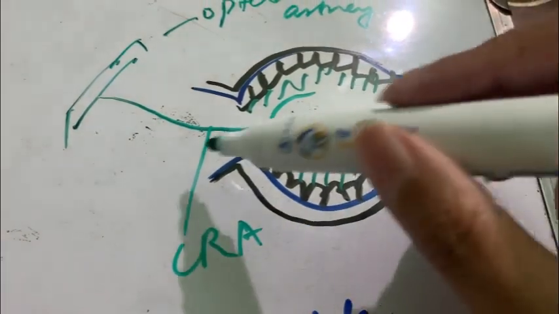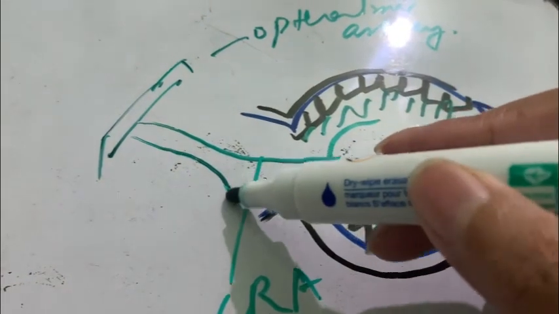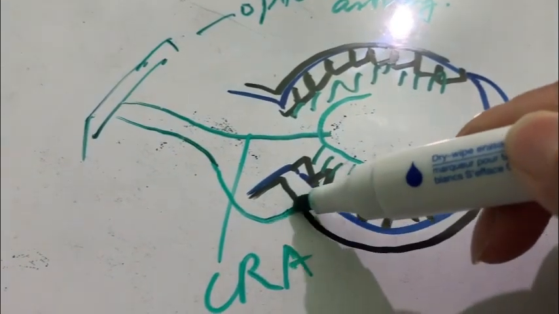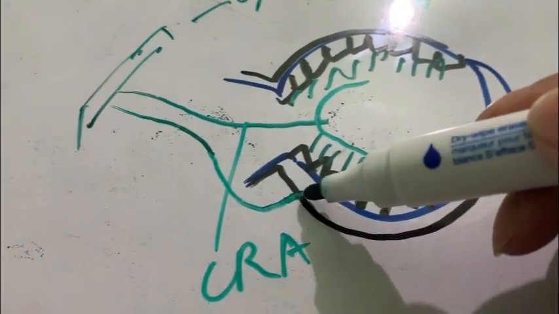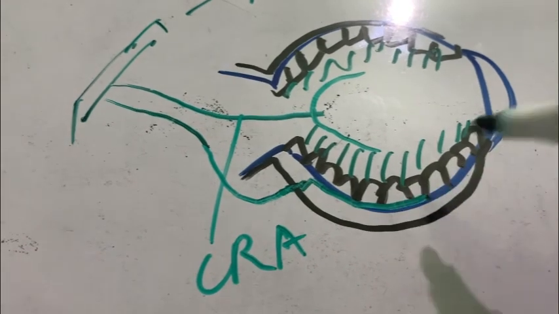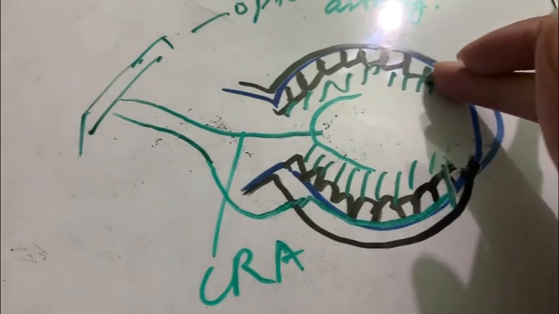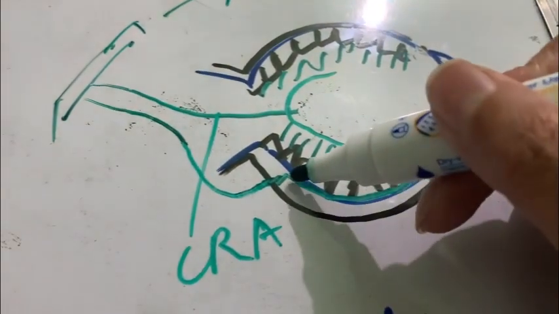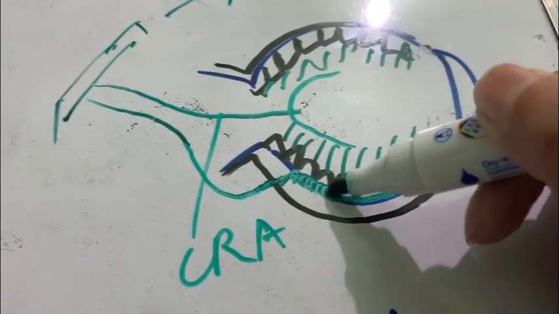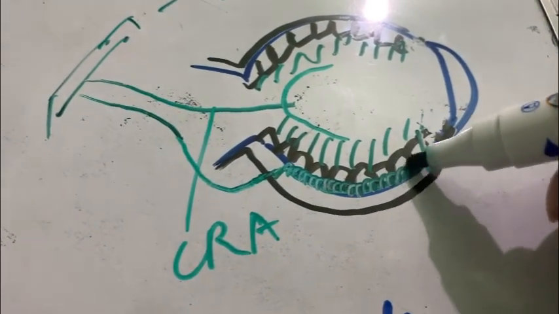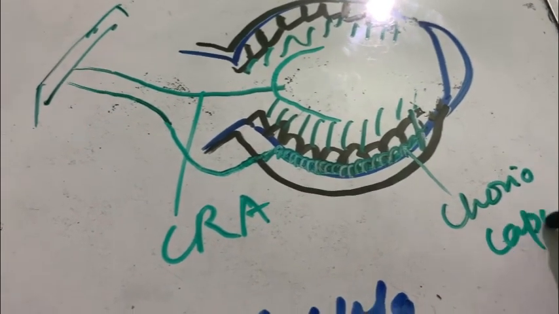while another branch from the ophthalmic artery pierces the sclera from the posterior part and travels up to here at the part of the ora serrata, and this is the network of short capillaries that are called choriocapillaries.